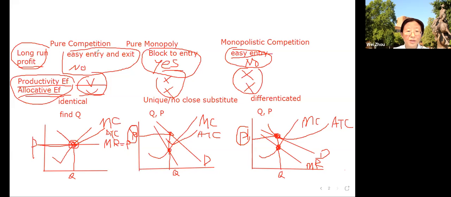Pure competition, you make decisions independently because you don't depend on how your rivals do. There are 10,000, 100,000 of them. And monopolistic competition, similar thing.